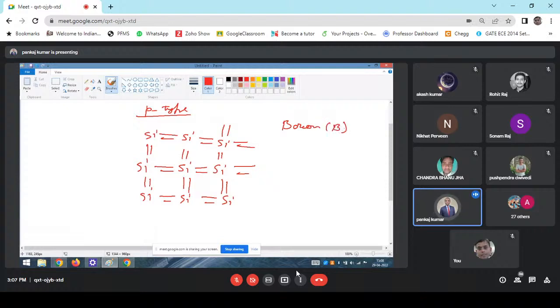Once we dope this with boron atom, then what happens?